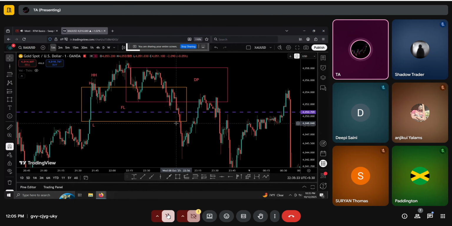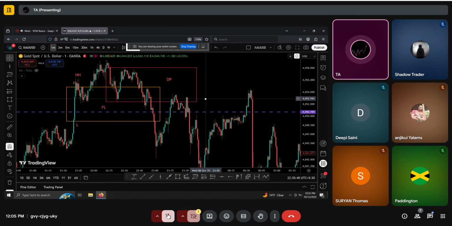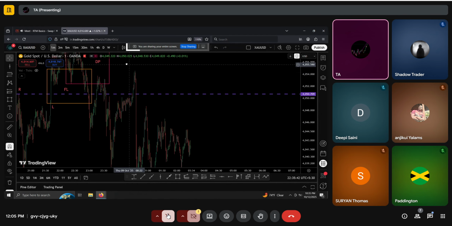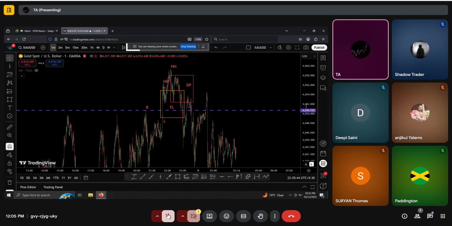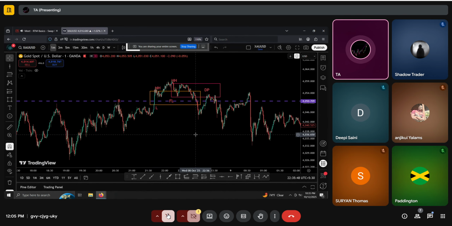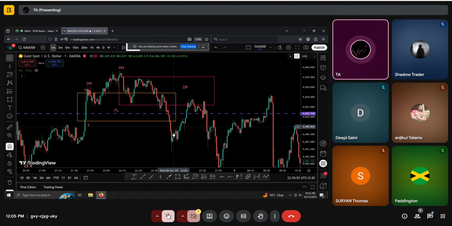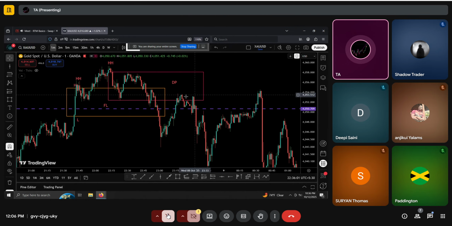Then when the price came back here, focus on this. Here we look at this DP. When price came back here, it goes up to the DP, but if you see, it could not go deep inside the DP.